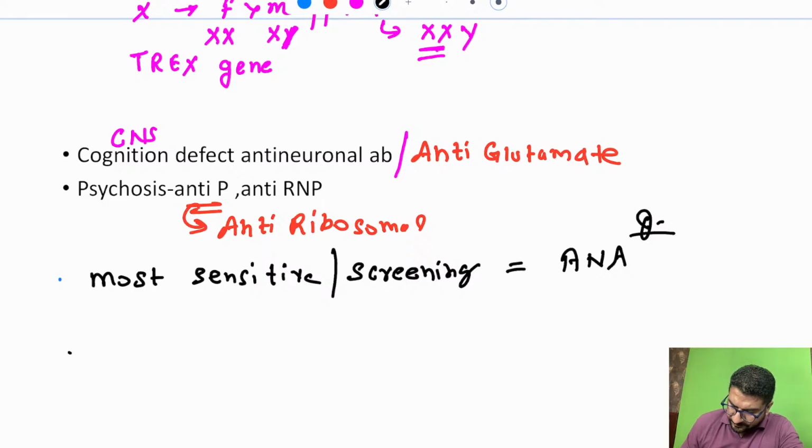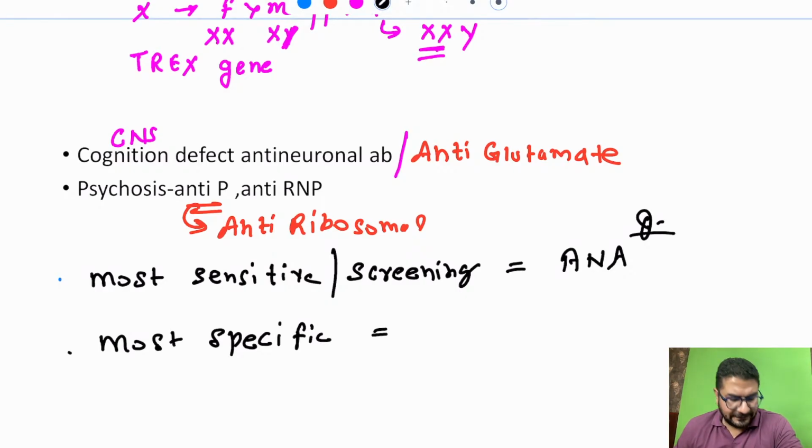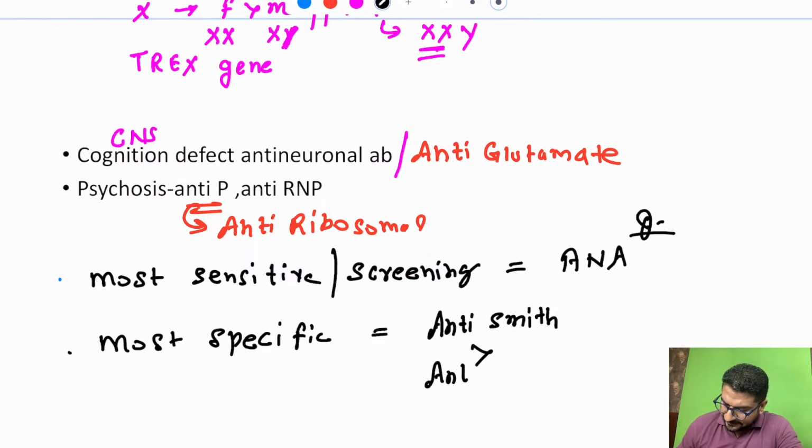But the most specific antibody, any guesses? The most specific antibody will be anti-Smith. If anti-Smith is not in the options, then choose anti-double stranded DNA, anti-ds-DNA.